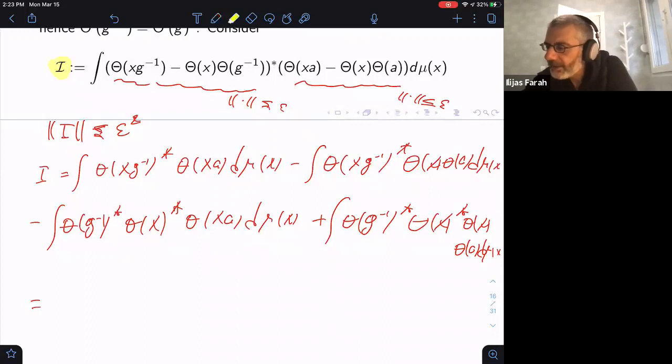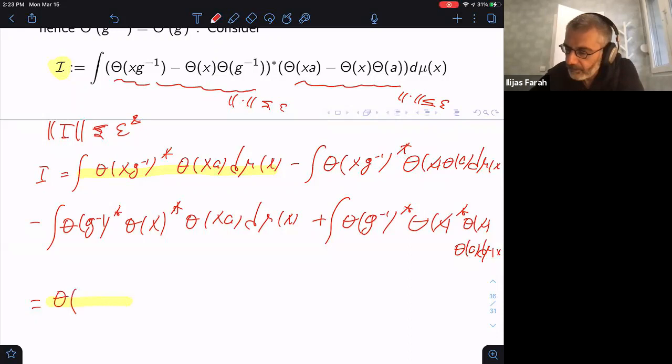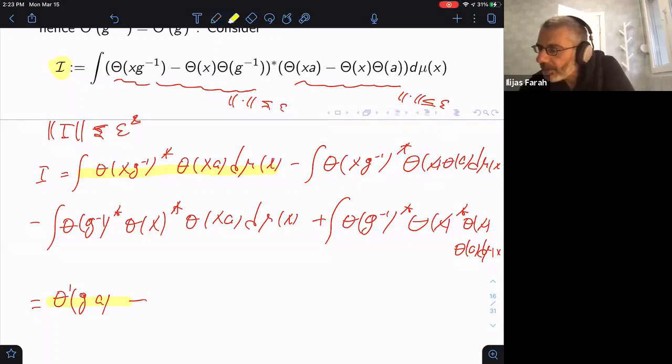Now, let's look at them one by one. This first one, if you take a substitution, x replaced with xg, just becomes theta prime of ga. So the yellow one is theta prime of ga. Then minus, what about the next one?